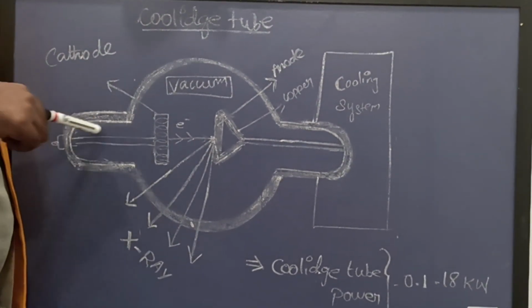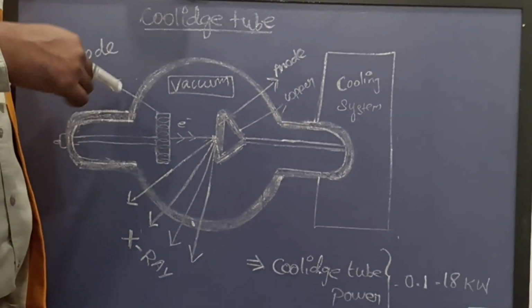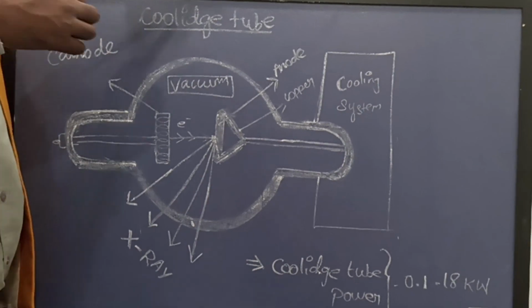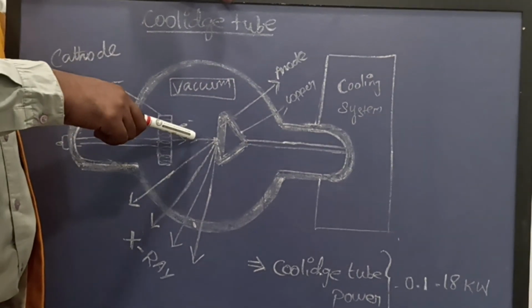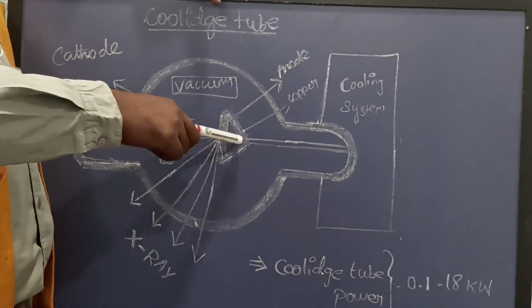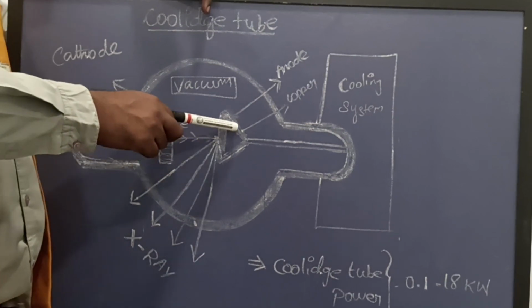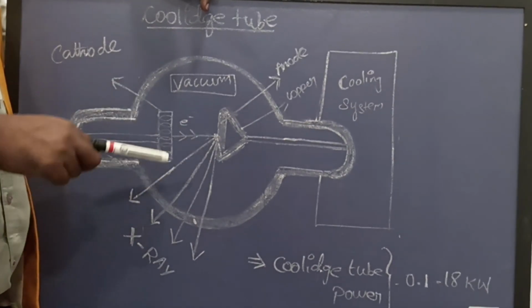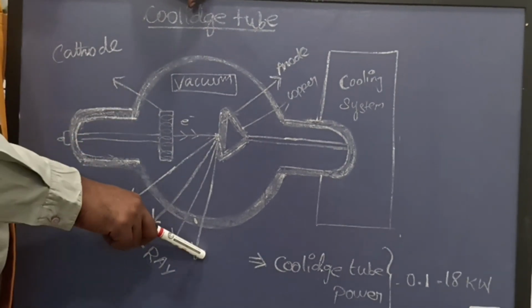So this is what happens inside the X-ray tube. We connect the potential difference between the anode and cathode. The cathode starts emitting electrons, and because of the high potential difference and high vacuum, the electrons move very fast and touch the anode immediately. Because of the high melting and high boiling point metal target, the electrons touch it and are reflected as a radiation called X-ray.